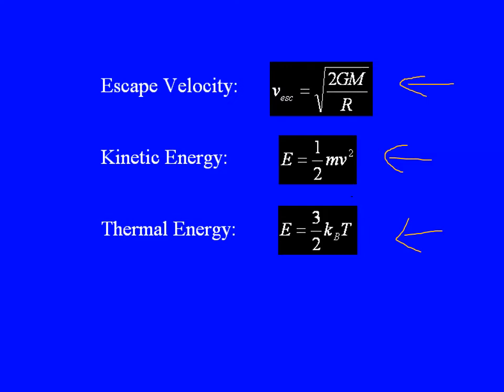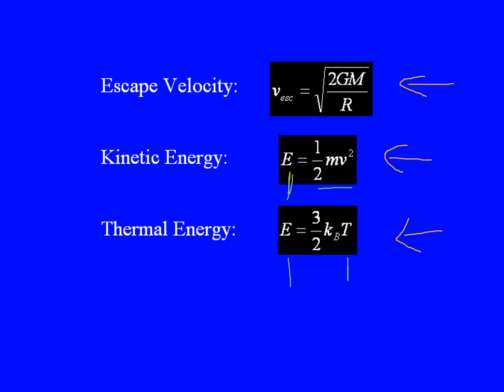It's just a constant of nature times T. The T is the temperature in Kelvin. So the higher the temperature, the higher the energy. Well, then what we realize is the higher the energy, then that means 1/2 mv squared.